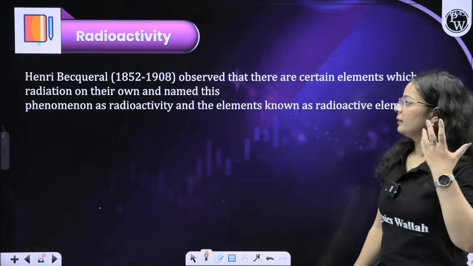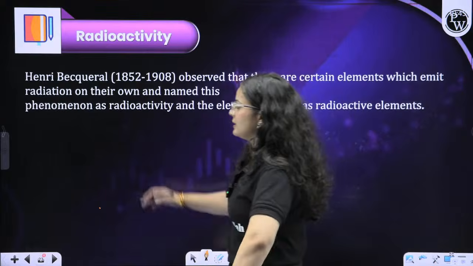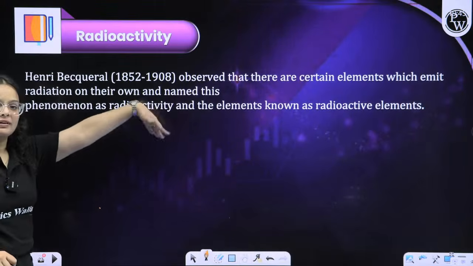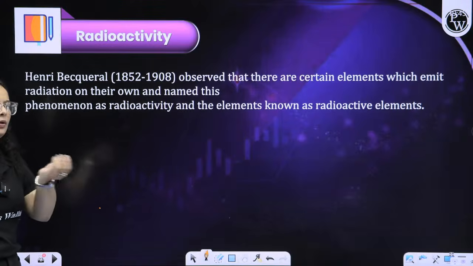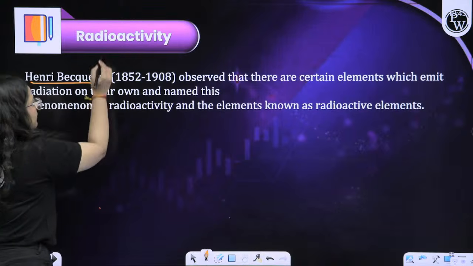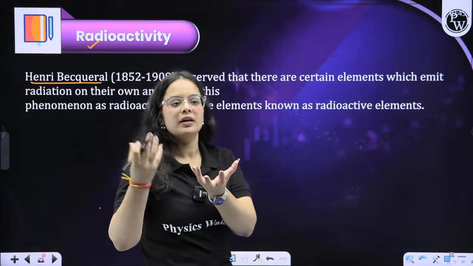Moving on to the concept of radioactivity. You have to know the name of the scientist, Henry Becquerel. It is given there in your NCERT. Henry Becquerel discovered the concept of radioactivity, that certain materials have the capacity to produce radiations.